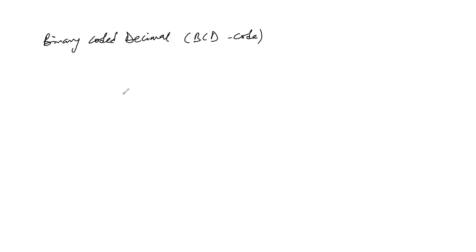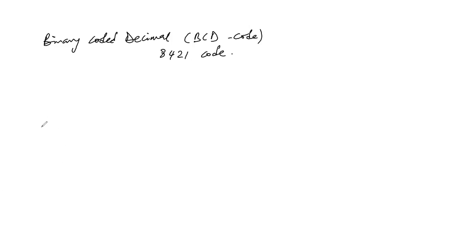This code is more precisely known as the 8421 code, or the 8421 BCD. The 8421 gives the weight of each bit in the 4-bit code. Other examples were stated in the previous slide. For BCD conversion, each decimal number is expressed as a 4-bit BCD number.